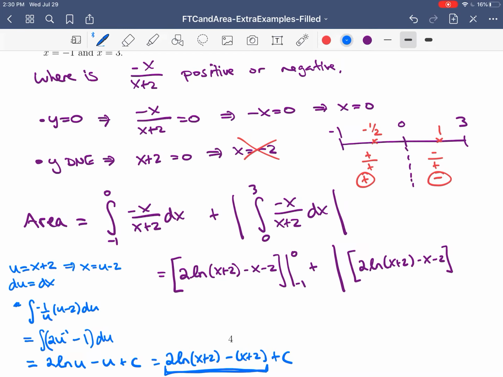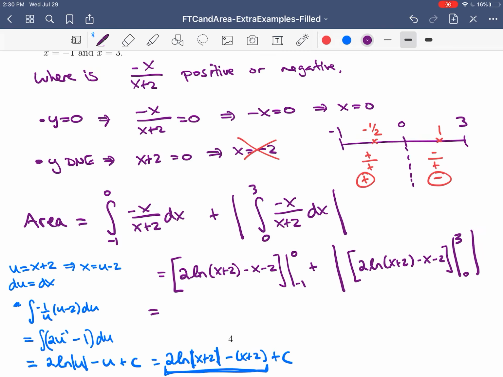I'm going to need absolute values here because I entered this wrong. Oh no, u is x plus 2. Okay, no, it is fine.